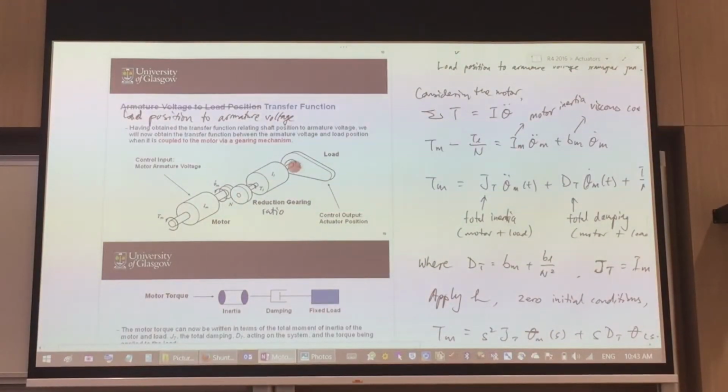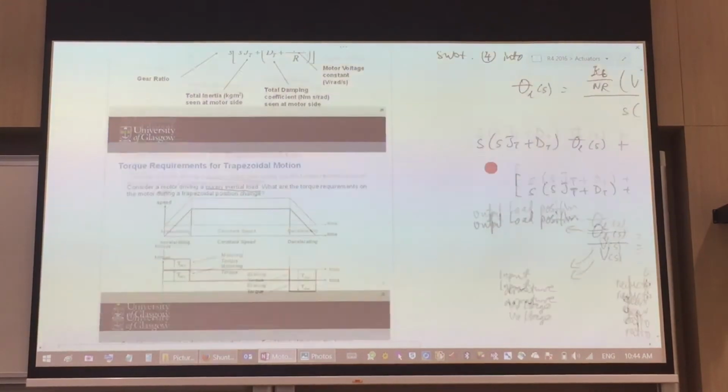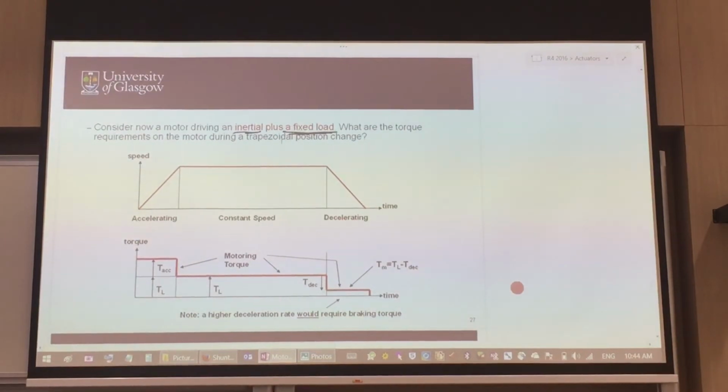If you have that inertia plus this load, then you'll be looking at this second case over here. Inertia plus fixed load, where not only you need to accelerate it, but you need to supply the amount of torque to overcome the load. So that's the combined total torque that you need to apply, both to accelerate it and to drive that load.